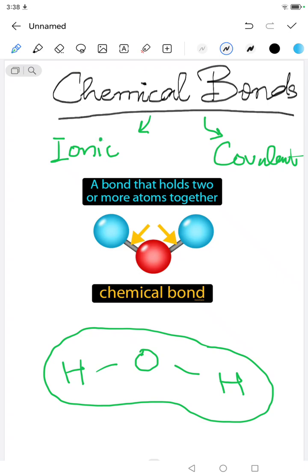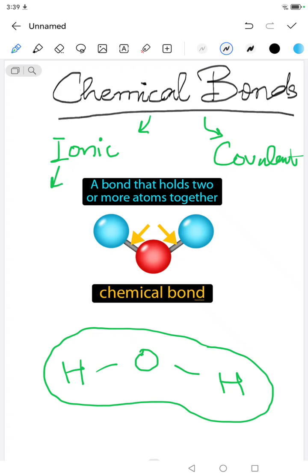So, the bond which is formed by the transfer of electron, that is called the ionic bond, and the bond which is formed by the mutual sharing of electron, this is the covalent bond.